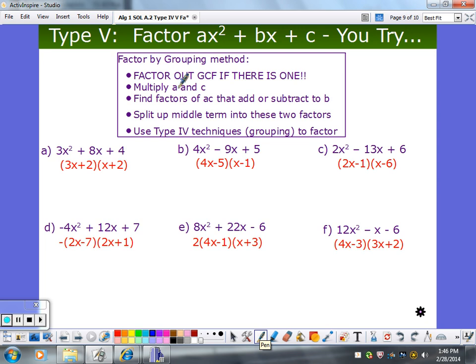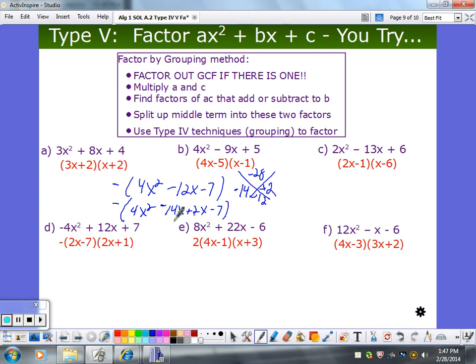So I take out the negative. 4x squared minus 12x minus 7. I need two numbers that do that. So that becomes 4x squared, negative, that's plus 14 and 2. Right? Minus 14x plus 2x minus 7.